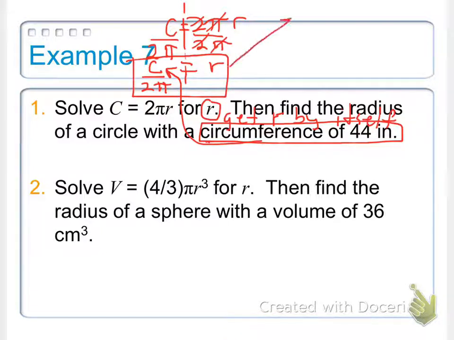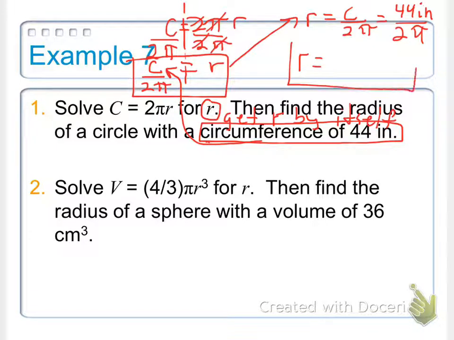So I'm going to write it over here. I'm going to write r equals C divided by 2 pi. And C, we said, is 44 inches divided by 2 pi. So I just need to type that on the calculator and I can go straight to my answer here.